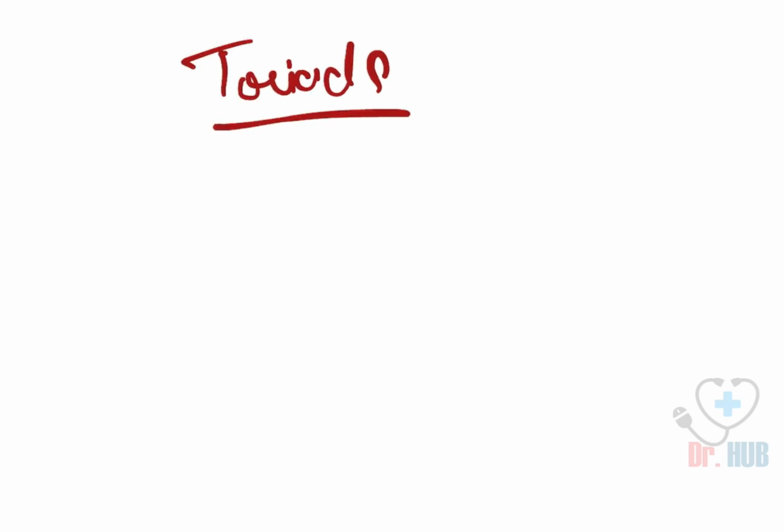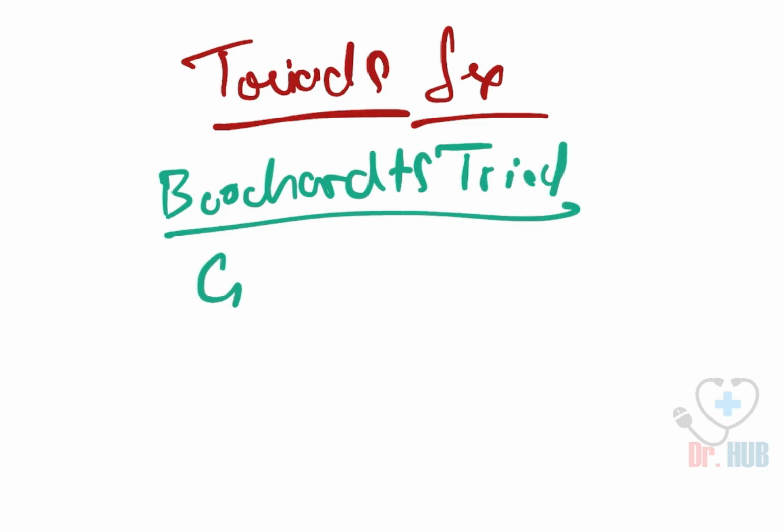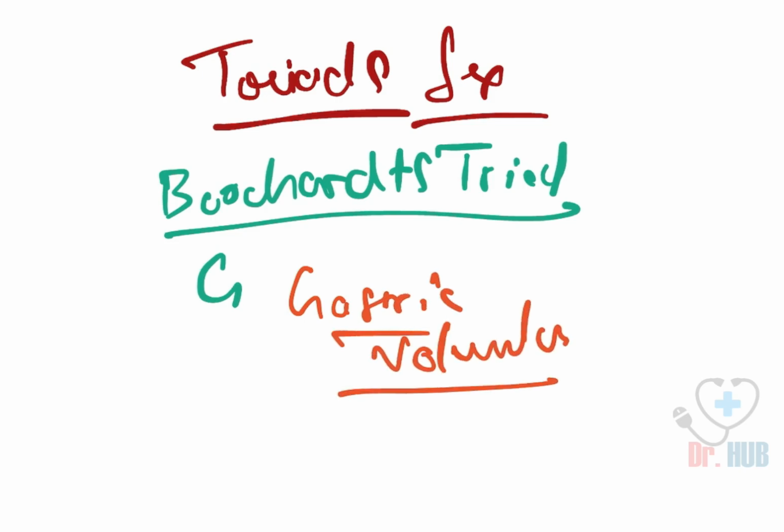Triads in surgery. So we're looking at some important ones. Firstly, the Borchardt's triad. It is in case of gastric volvulus. And what are the components?